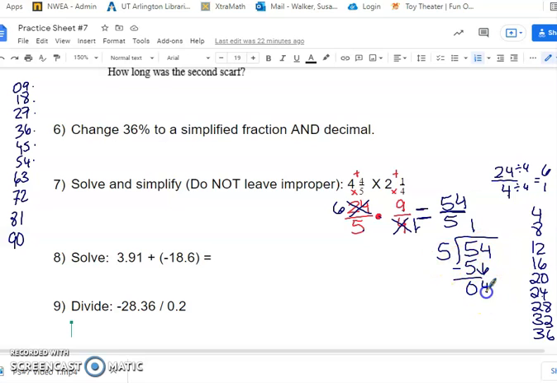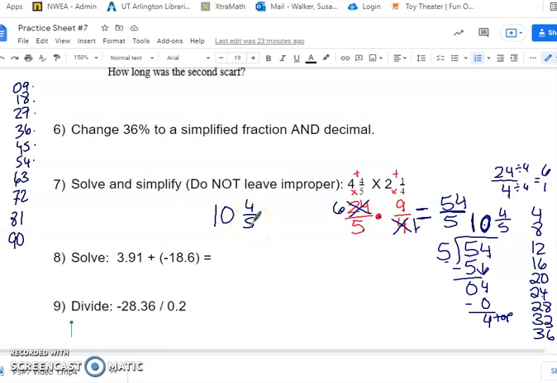So 5 into 4 is 0, right? It won't go. So 0 times 5, 0, and then I have 4 left. You have to have this 0 because it's 10. 5 goes into 54 10 times. This number, remember, it goes on top over 5. And hopefully you remember that this won't simplify because these are 1 away.